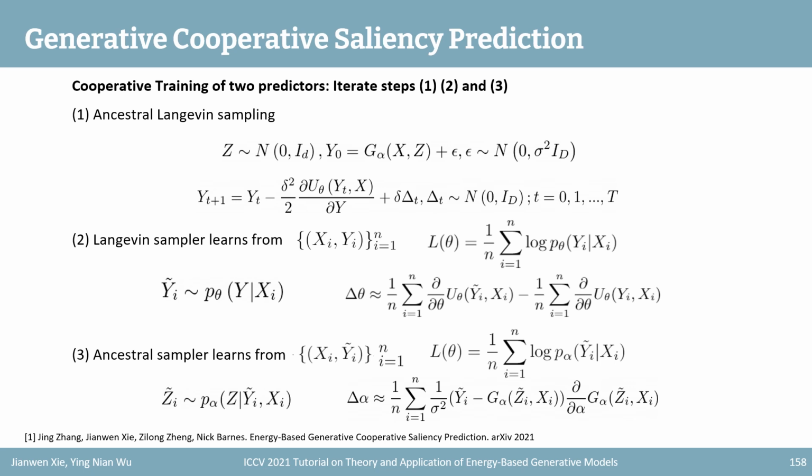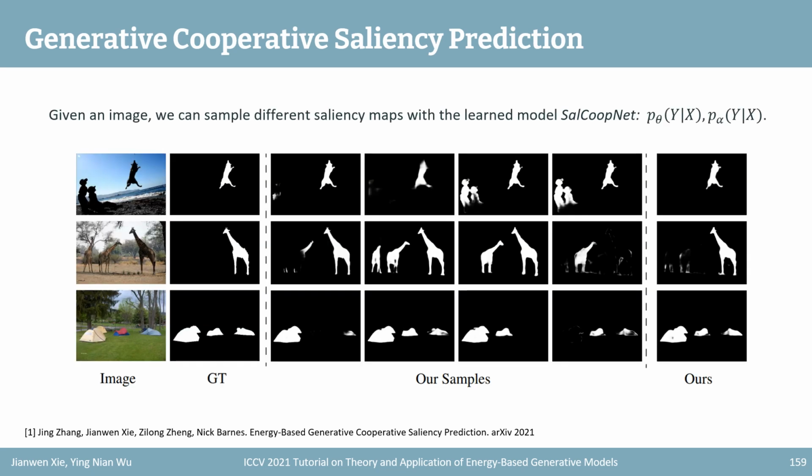This is a standard learning process of the conditional ConvNet, where the input image is the condition and the saliency map is the output. Here are some prediction results generated by the learned model. Given an input image, the saliency map is stochastic, and we can use a sample average as the final prediction.